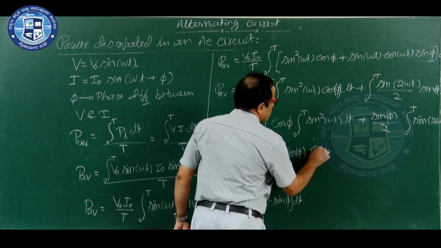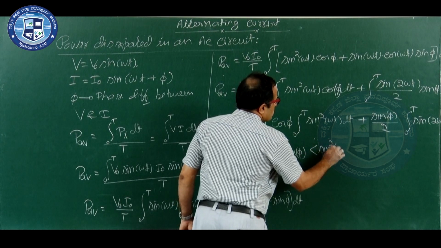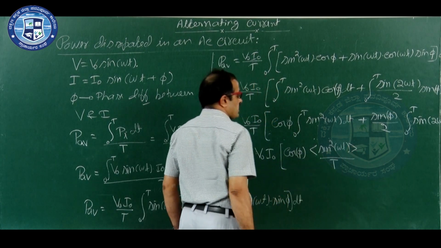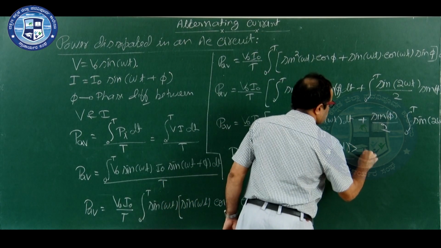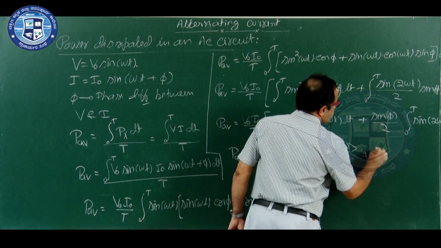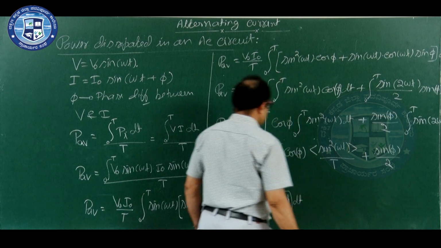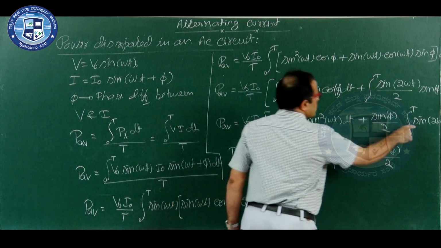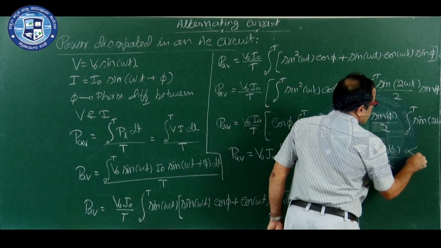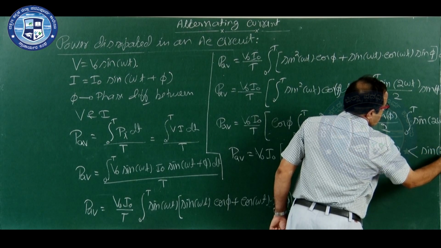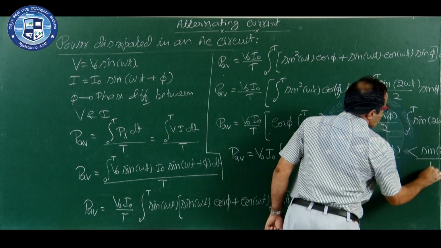It is the average value of sin square omega t over the complete cycle plus sin phi by 2, take T to here, it is the average value of sin 2 omega t over the complete cycle.